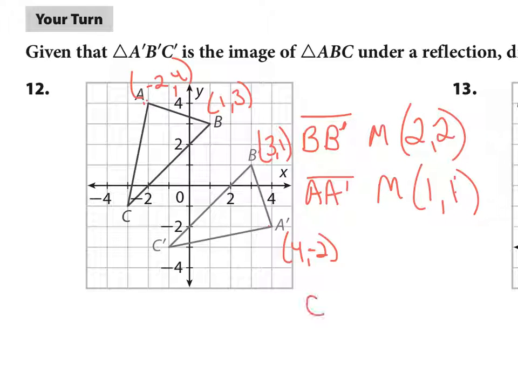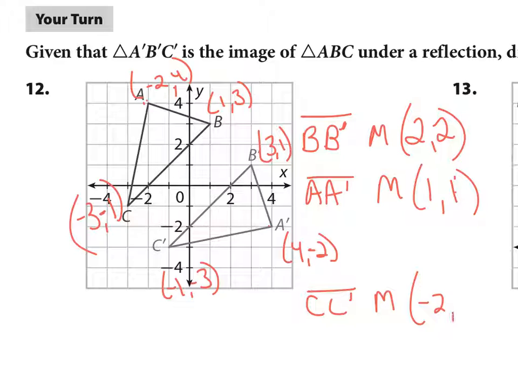And then C prime, midpoint, is -1, -3. And this one is -3, -1. So the midpoint would be -2, -2. -2, -2, 1, 1, and 2, 2. And there's my line of reflection. Okay? And that's how you do that.